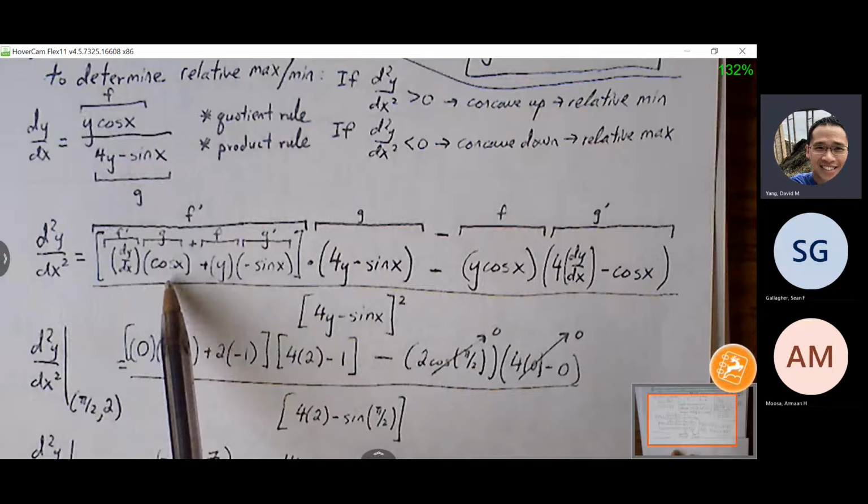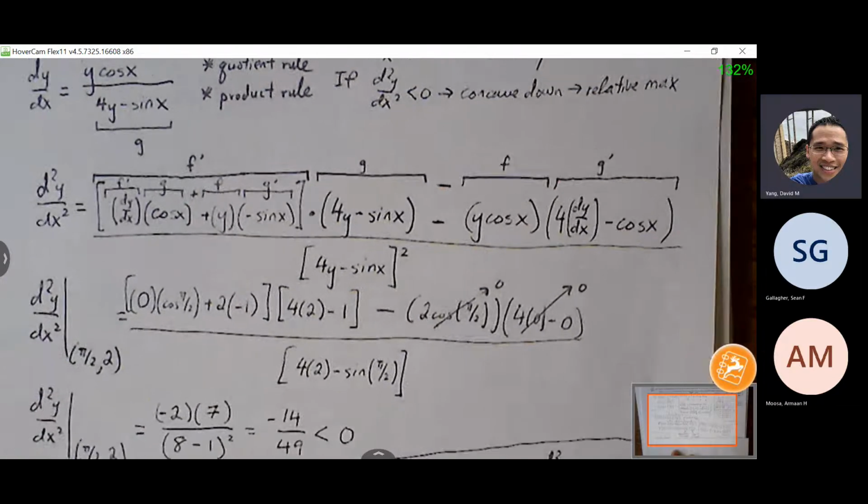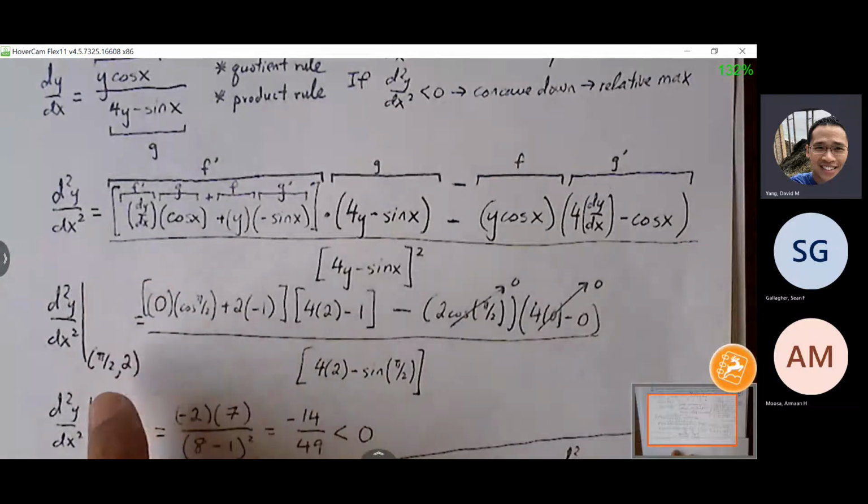So here's f prime g plus fg prime, times g function 4 minus sine x, minus y cosine x. G prime is 4 dy dx minus cosine x, all over denominator squared. That's a mess, but the slightly good news is that at the ordered pair pi over 2, it's going to wipe out a lot of terms for us.